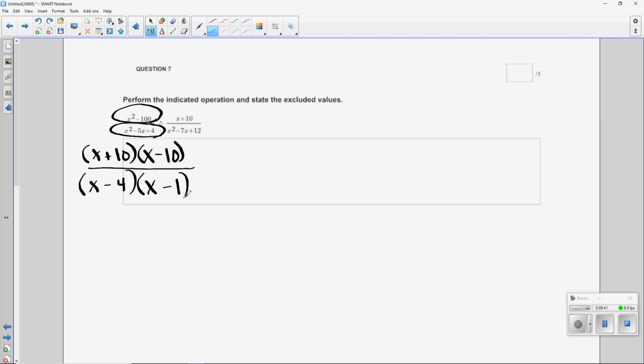It's -4, -1. Division problem, so I'm going to change it to multiplication. And flip the second fraction. So top right is x plus 4, x plus 3. We're multiplying by the reciprocal. And then x plus 10, of course, does not cancel.